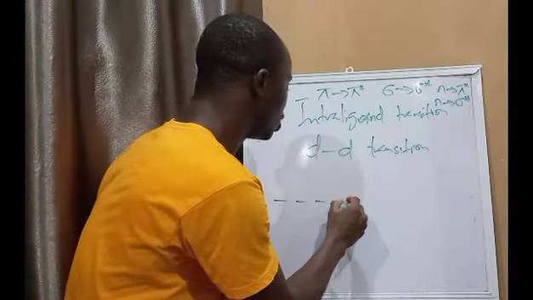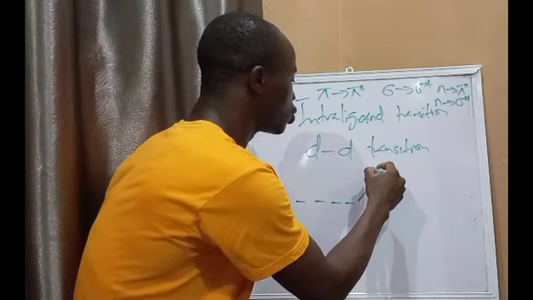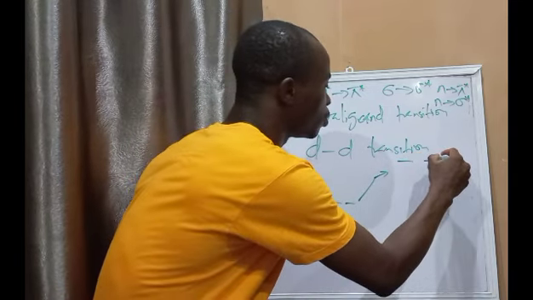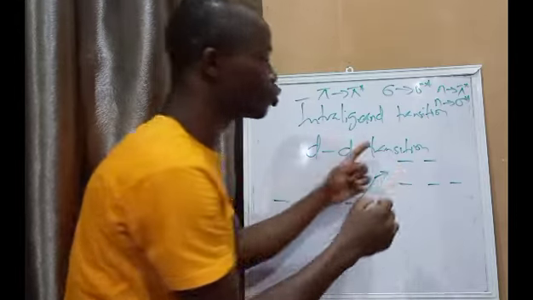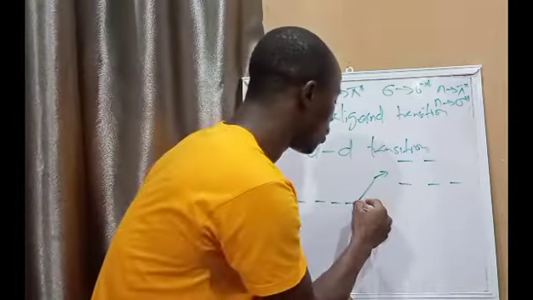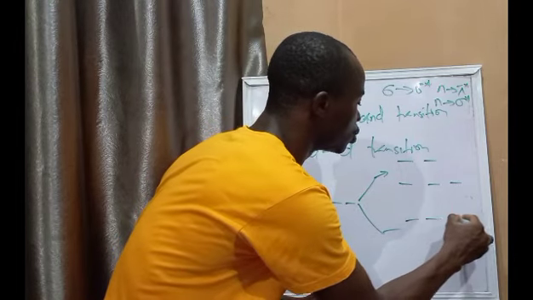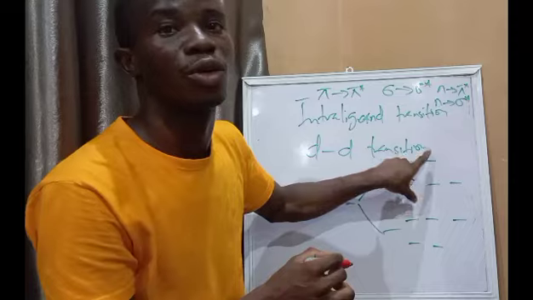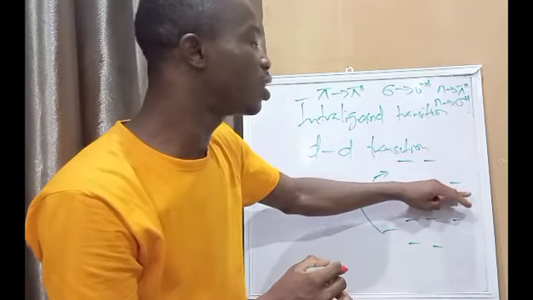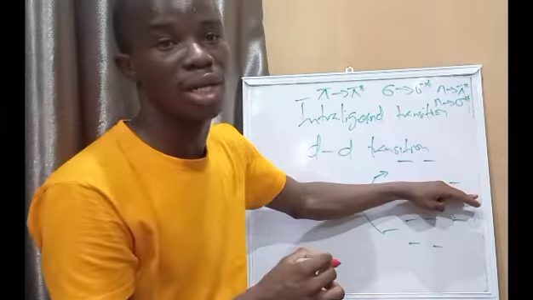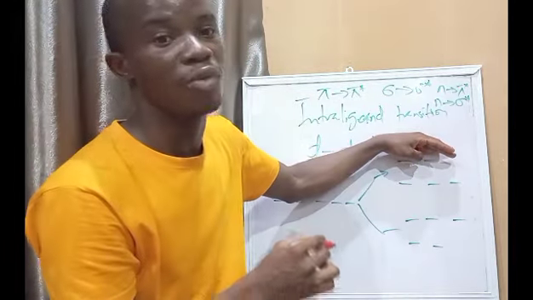So the five d orbitals could split into something like this, could split in this form. So it could split into two sets of orbitals like this, and we can also have it splitting into something like this. Now this is the splitting that occurs in an octahedral environment, whereby three of the five degenerate orbitals have lower energy, while two have higher energy.